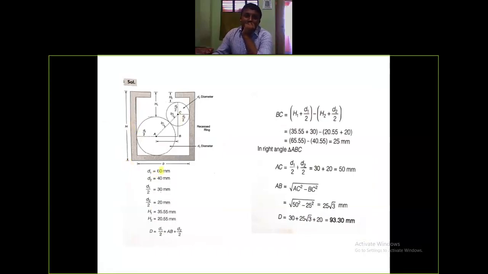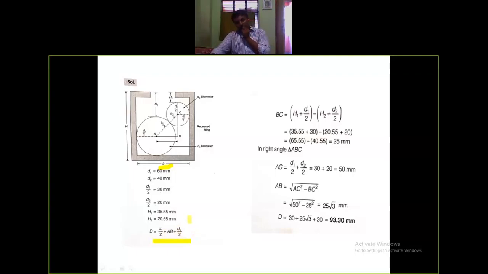This is the value of D. So D will be the radius of this large spherical ball plus the radius of this small spherical ball plus AB, which is written as D1 by 2, where D1 stands for the diameter of the larger spherical ball, half of that, plus AB plus half of the small spherical ball.